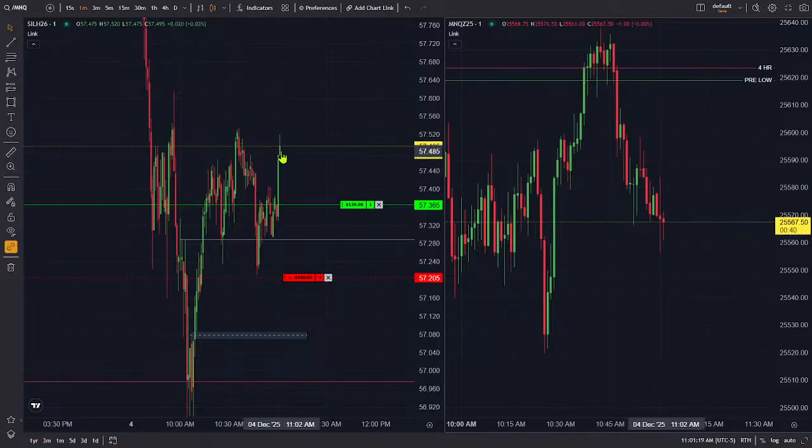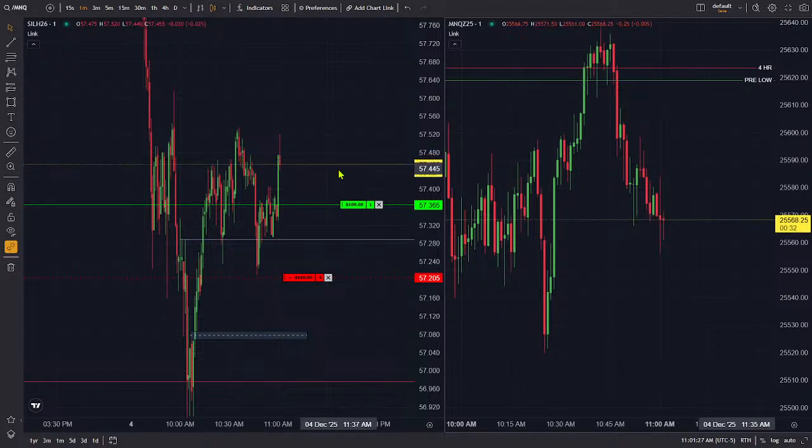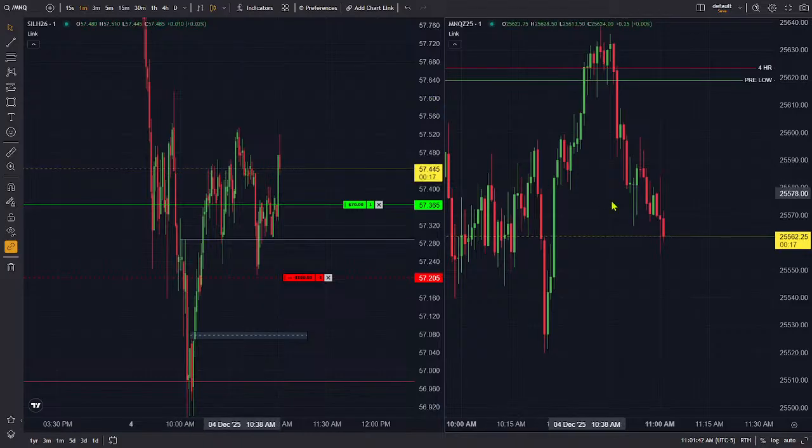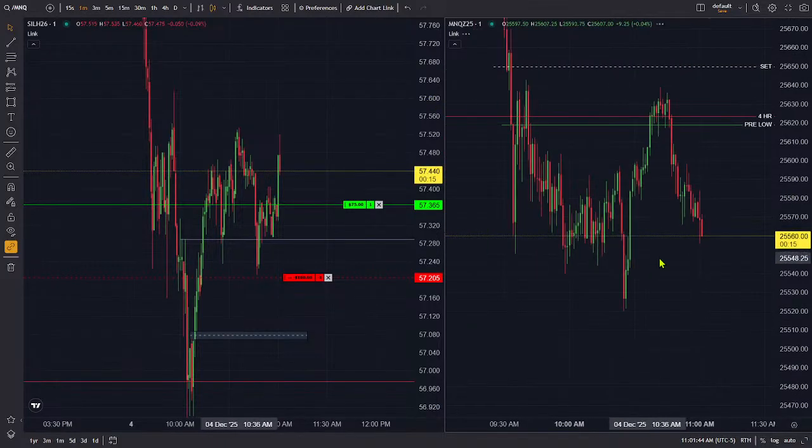Really nice fair value gap to the upside here on silver. Equities are not following suit. Still looking for that higher low here. So far we're just pushing down.